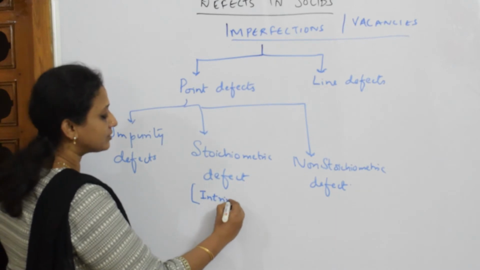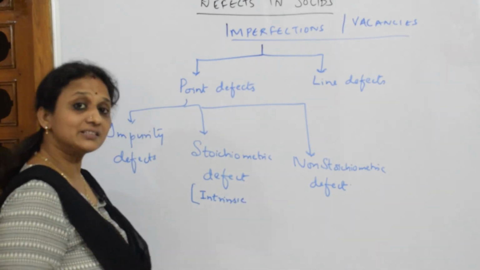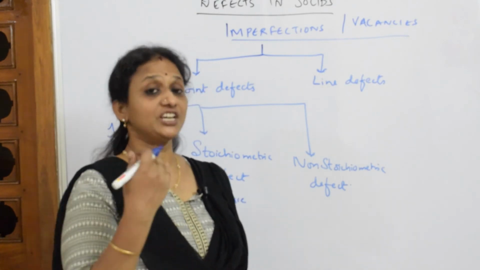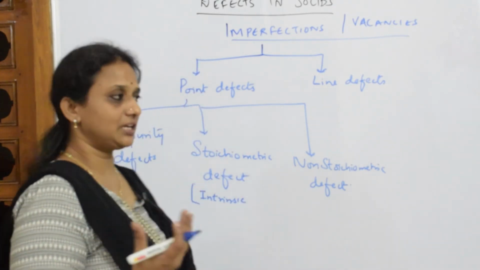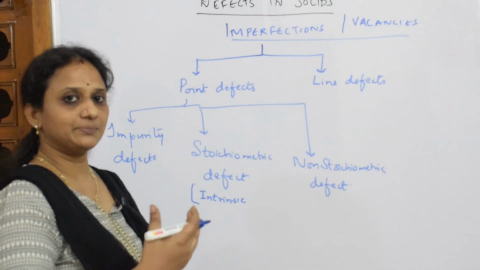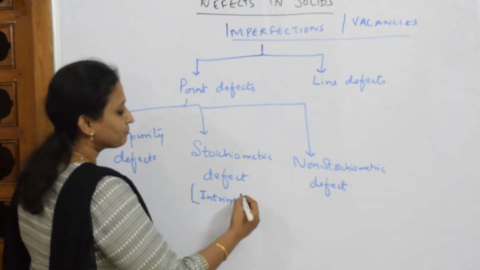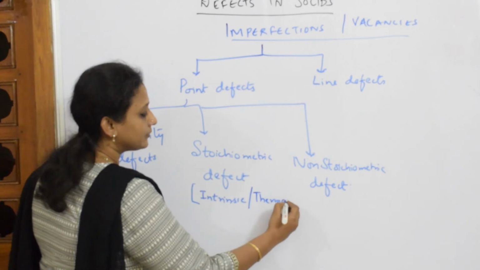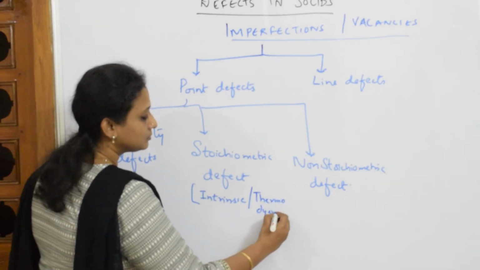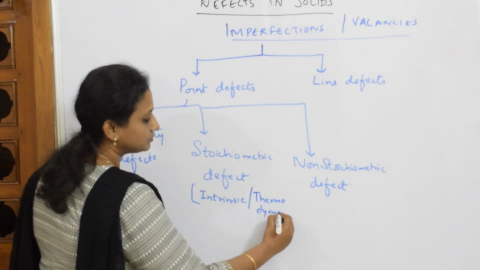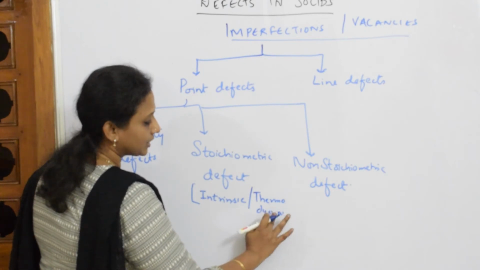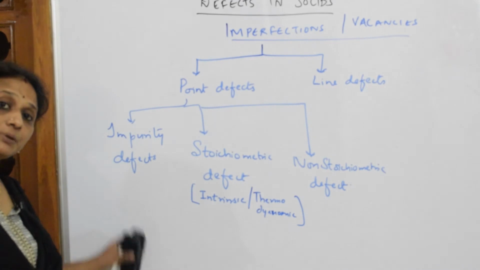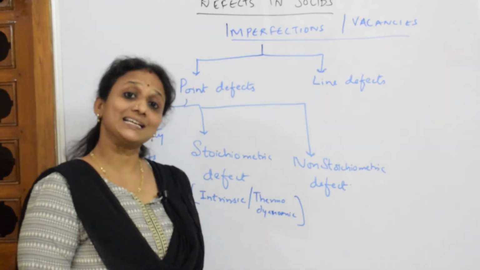Remember, intrinsic. What are intrinsic? Basically, when a certain amount of defects are arising due to change in temperature, when you are increasing or decreasing the temperature, then these are called intrinsic or thermodynamic effects. If I speak about impurity defects, they are also called extrinsic defects.